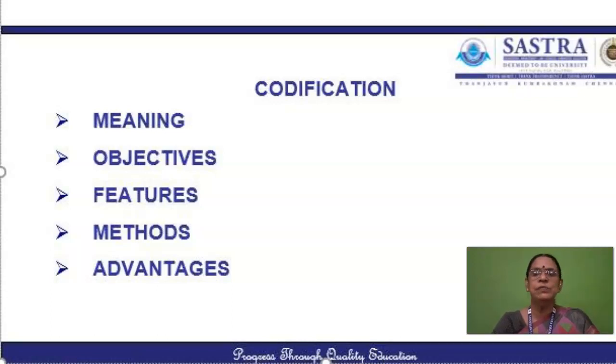Next main objective is the efficiency in purchasing. The filling up of the purchase requisition and the preparation of the purchase orders are simplified by use of codification. These codes will definitely indicate the materials that are required by the operational departments.